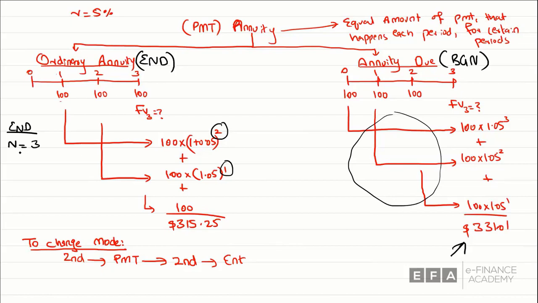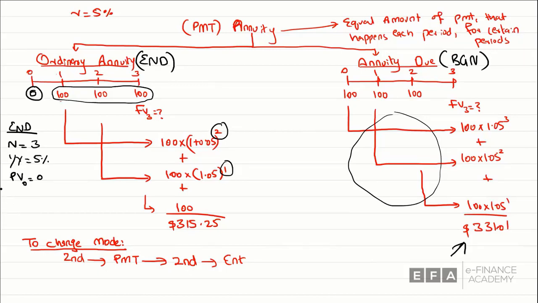So N is payments, and there are 3 payments with the ending mode. The interest rate, we are assuming, is 5%. Is there anything else that we are investing other than these 3 annuity payments? There is nothing else. So at time 0, we are not investing anything else, so the present value, PV, is 0.